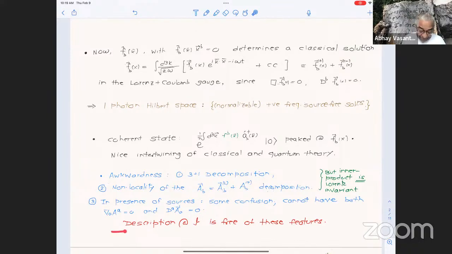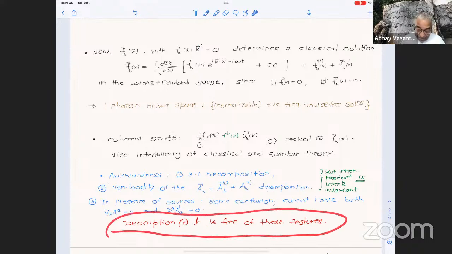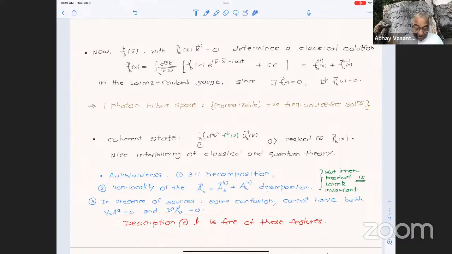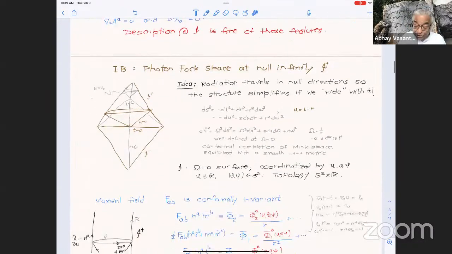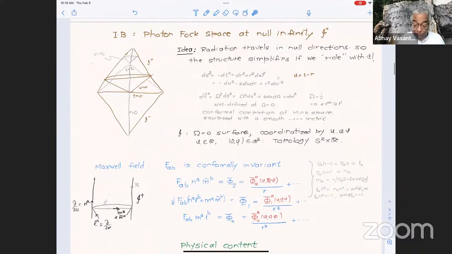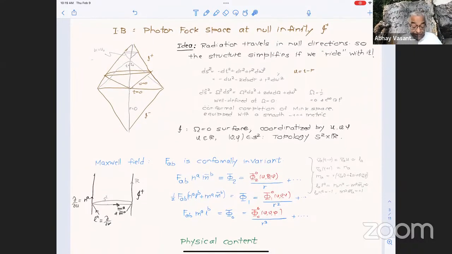And the nice thing is that if you go to null infinity, then all these awkwardnesses disappear, and you have a nicer description, which is going to be extremely helpful in our understanding of what happens in the presence of sources as well. So this is the part which is probably less familiar to some of you, and therefore let me be a little bit more detailed.